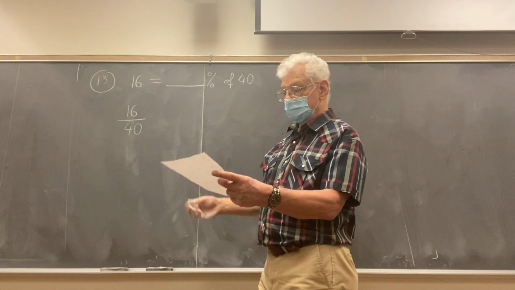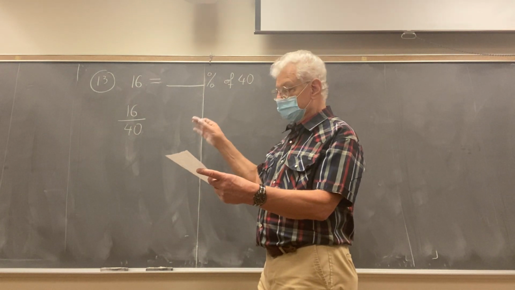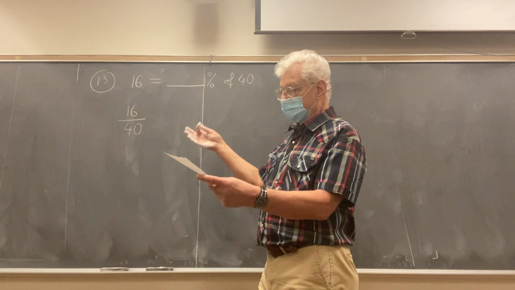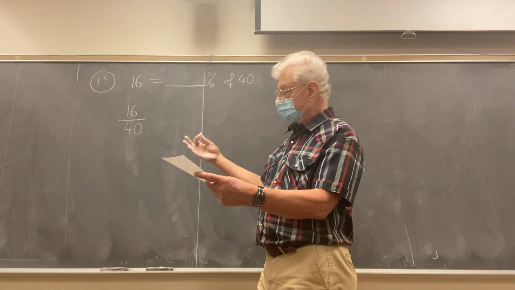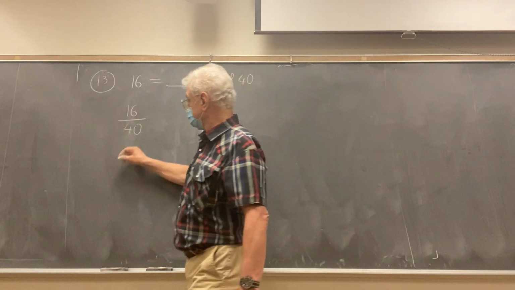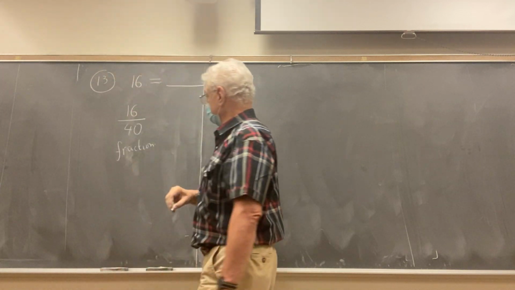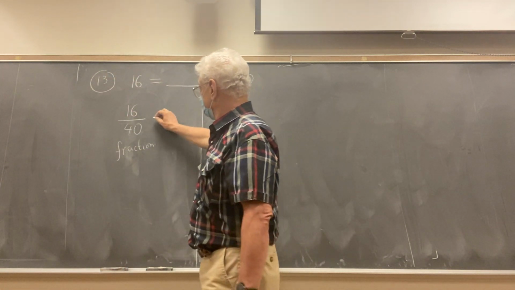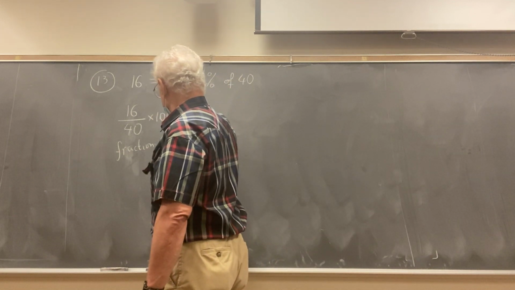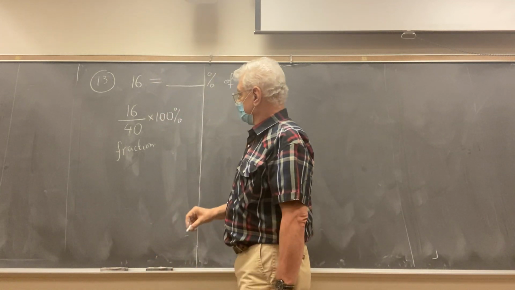So I reduce this problem to problem number 11, which says convert to a percent. I have this number, so this one is a fraction, and I have to convert it into a percentage. So I multiply by 100%. Okay, that's it.